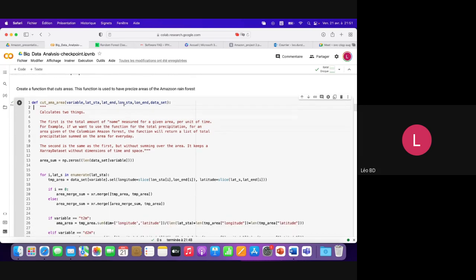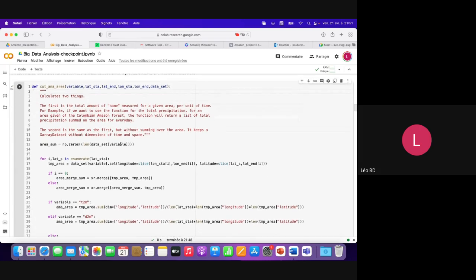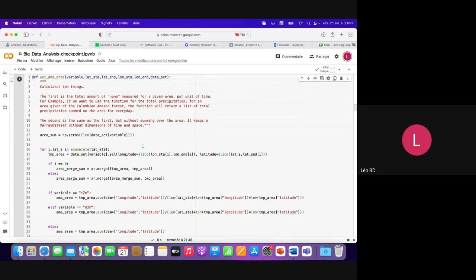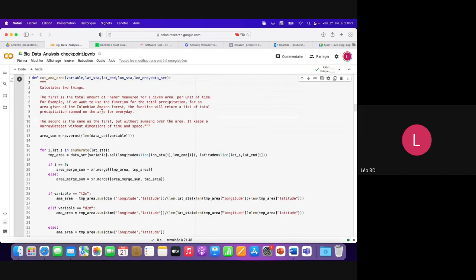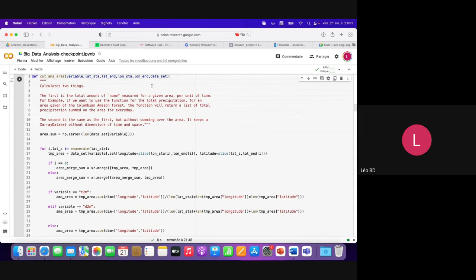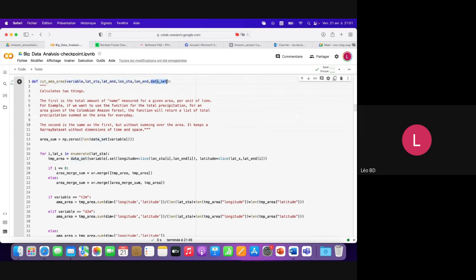So this is my function that is used to cut the area into the Amazon rainforest area, as we defined the coordinates before at the beginning of the code. This is where it will go now. These functions take data sets, for example, the Brazil data sets.